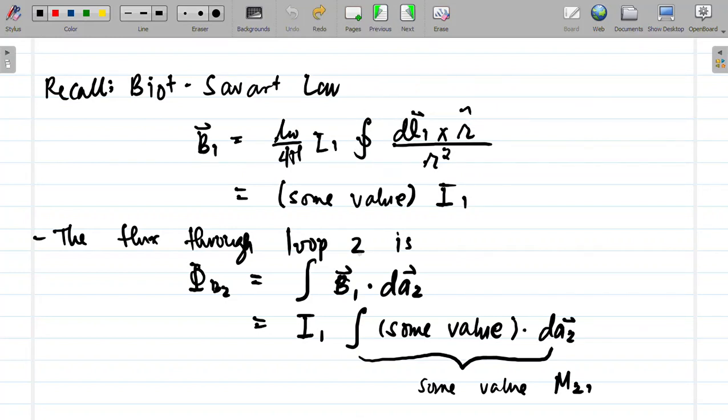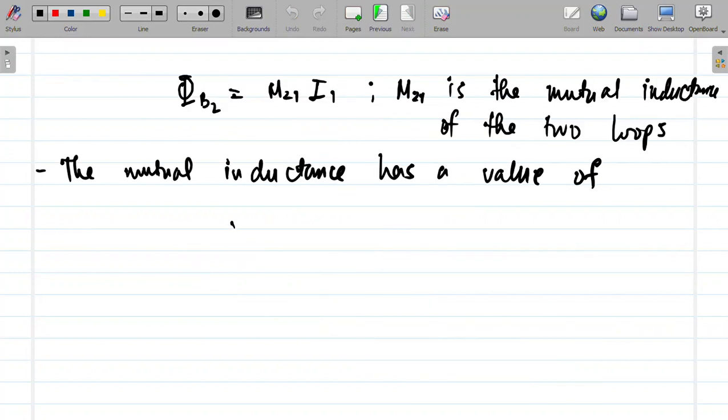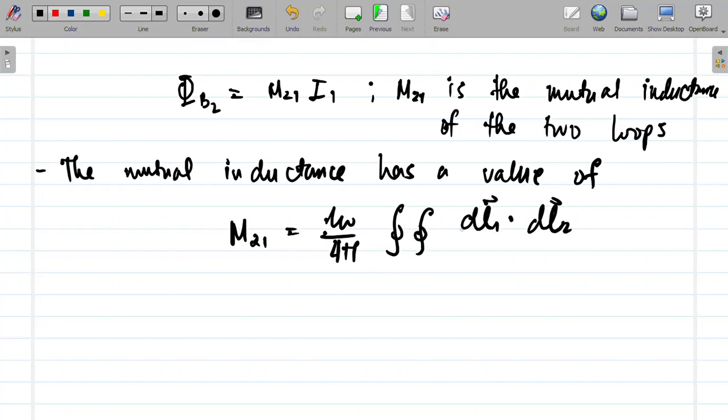Tapos itong isang value na pangalawa, in-integrate mo ulit. So, bali double integral yung ating M21. So, ang M21 natin, mu naught over 4 pi double integral ng dl1 dotted with dl2 over script r. Yan lang siya, yung mutual inductance natin.